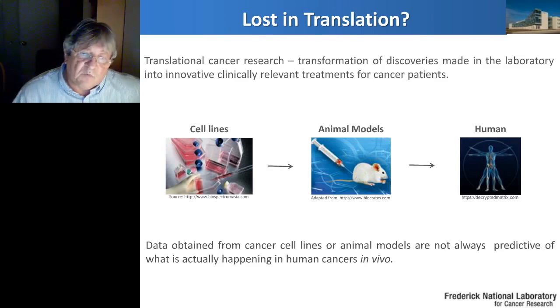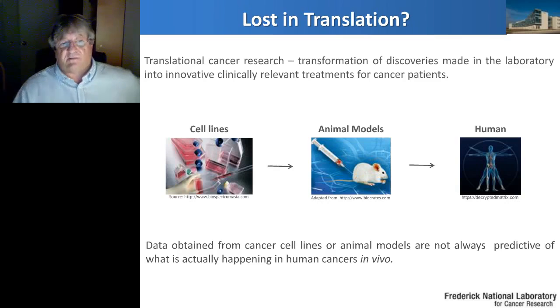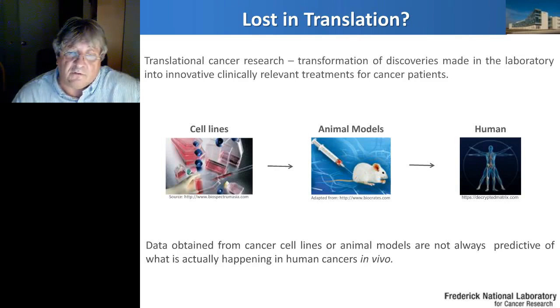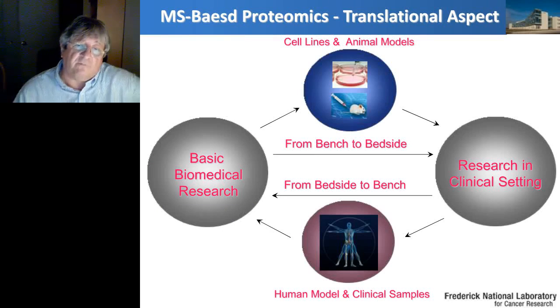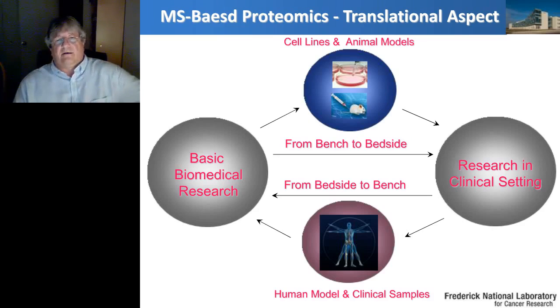So where I'm getting at is that we definitely need to look at human samples using genomics and proteomics, because data obtained from cancer cell lines or animal models are not always predictive of what is actually happening in human cancer in vivo. So basically, what I'm proposing is that the typical pathway in biomedical research, basic research, is from bench to bedside using animal models and cell models.